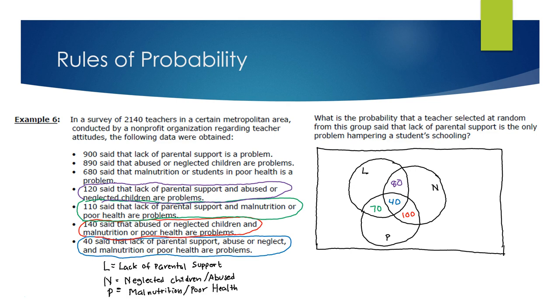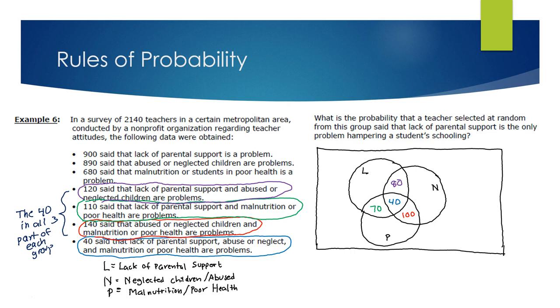I'm getting these from carrying out the fact that there's 40 in all three parts of each group. So when I say there's 120 that think that the two problems are lack of parental support and abused and neglected children, that's including the 40 that's in all three. So I have to exclude those and carry out these calculations as such.